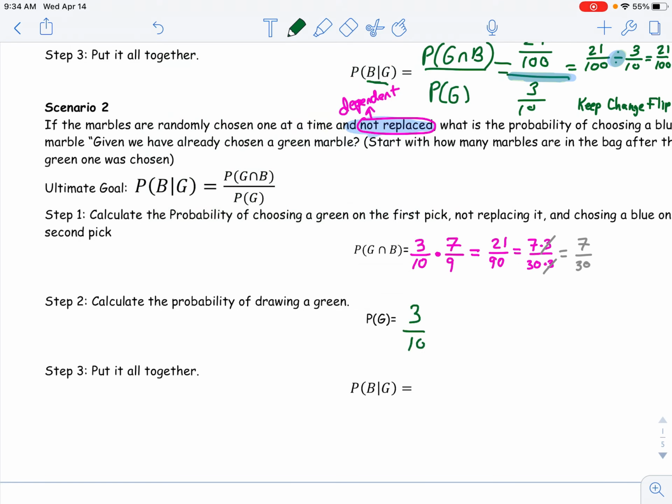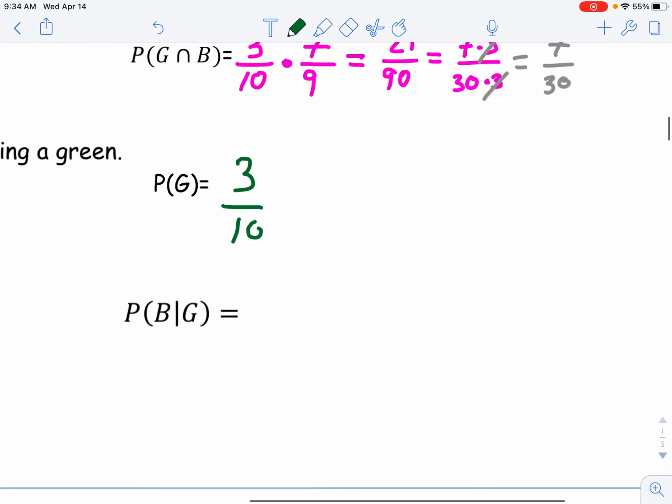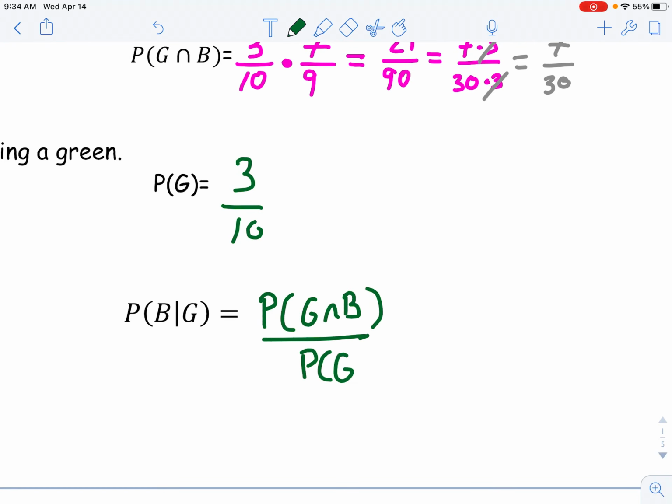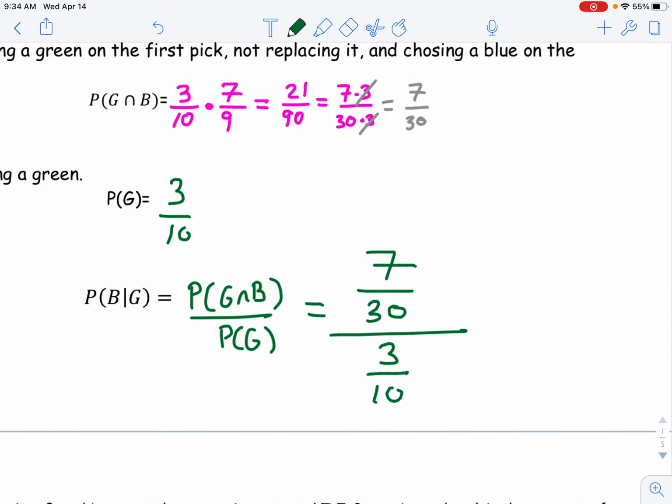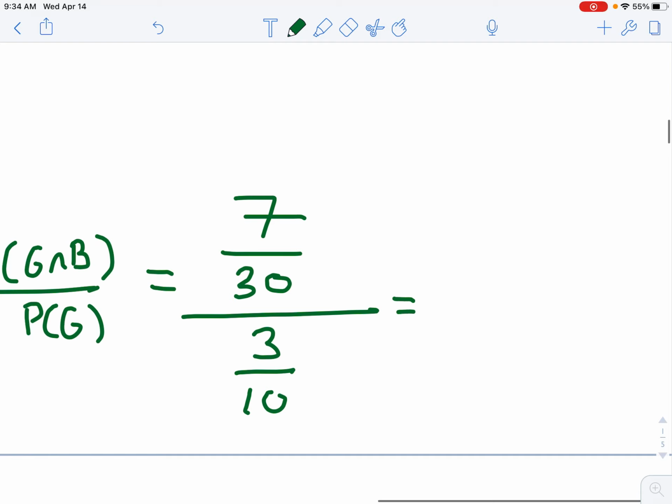All right, now put it all together. Let's see what happens. It's going to be the intersect over just getting a green. So again, we're going to have a fraction over a fraction. And remember, all I'm going to do is rewrite this. I'm going to rewrite the division symbol.